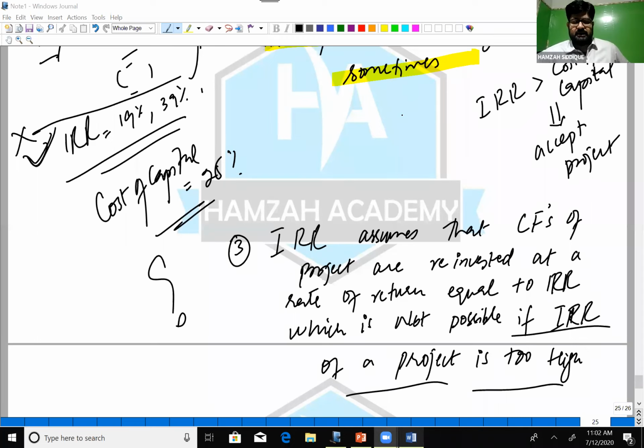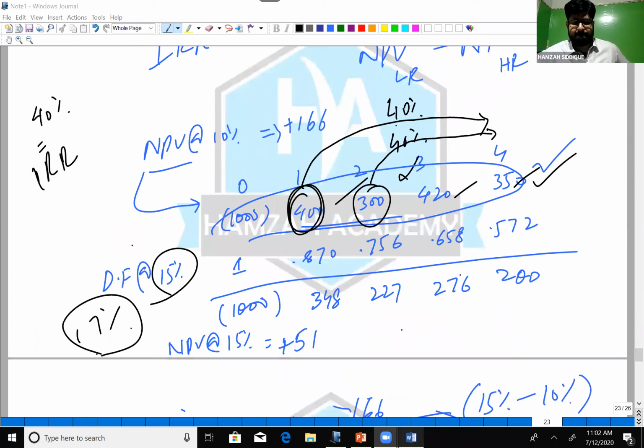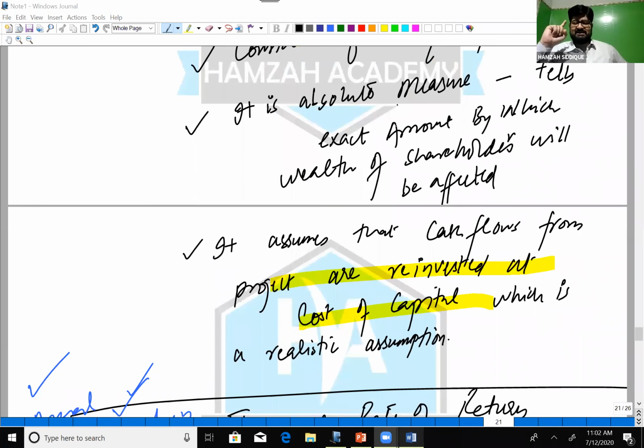All right. Now come to the same point of NPV. NPV assumes that cash flows of project are reinvested at cost of capital. Cost of capital is a lower rate, so which is realistic.